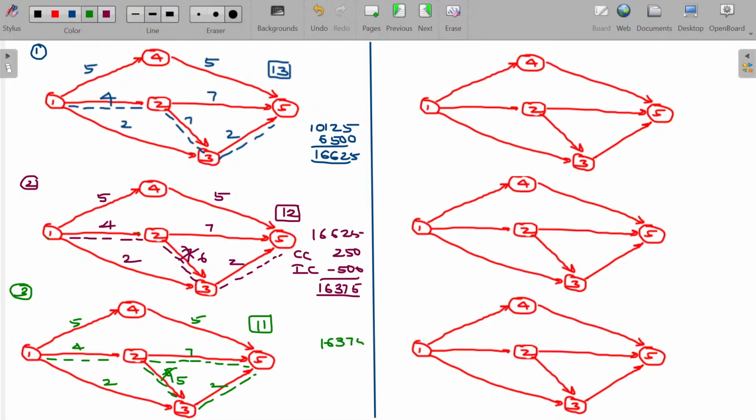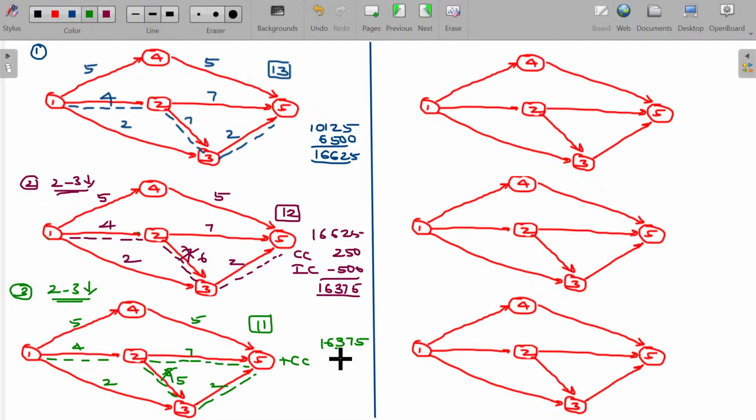16,375, add what? Crash cost. Crash cost for crashing the day 2 to 3. So 2 to 3 is crashed by a day. That's how you can name it.